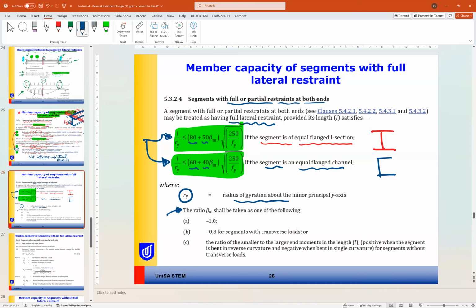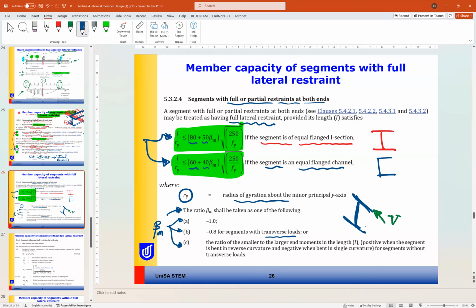The ratio beta m should be taken as one of the following. Beta m can be -1, -0.8 for segments with transverse load. So if you have a beam and we have not only vertical load, we have also shear load or transverse loads.